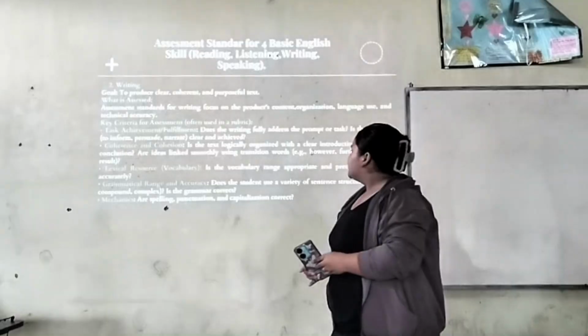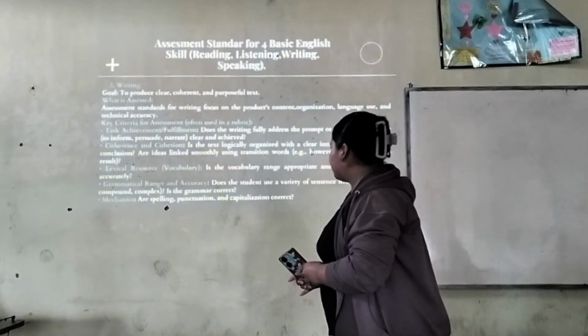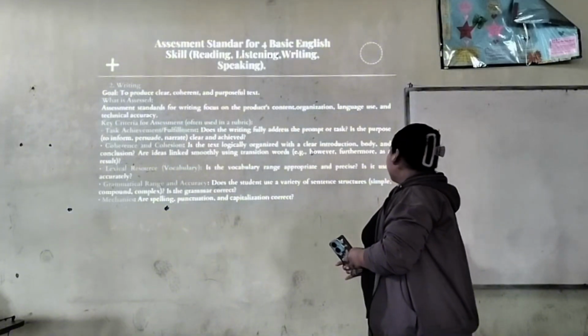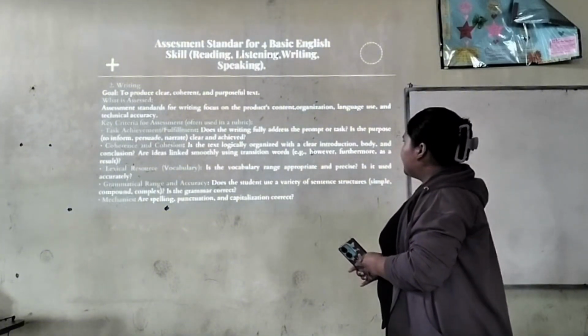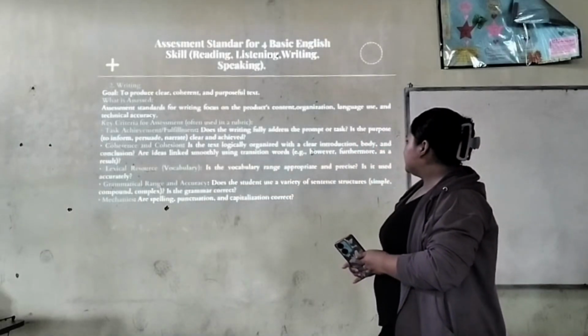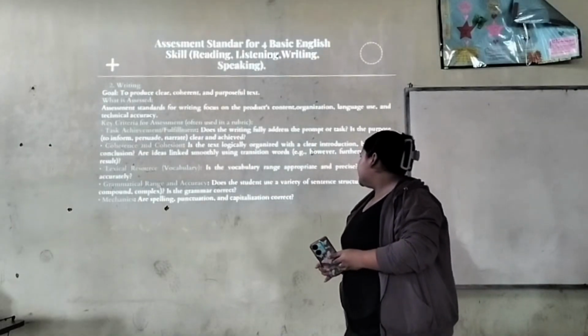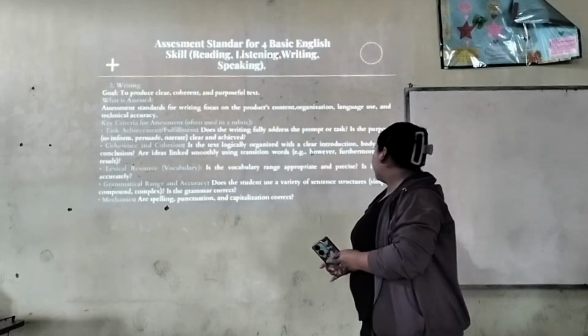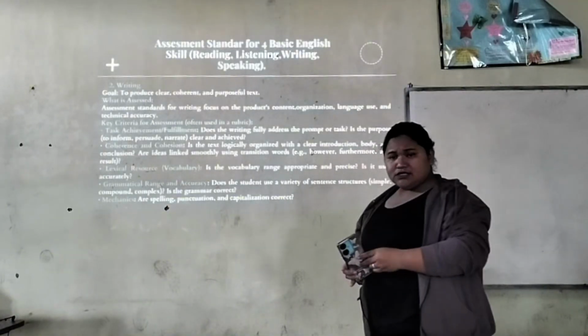The second is coherence and cohesion. Is the text logically organized with a clear introduction, body, and conclusion? Are ideas linked smoothly using transition words? However, furthermore, as a result.